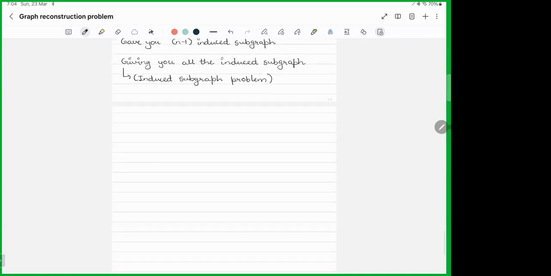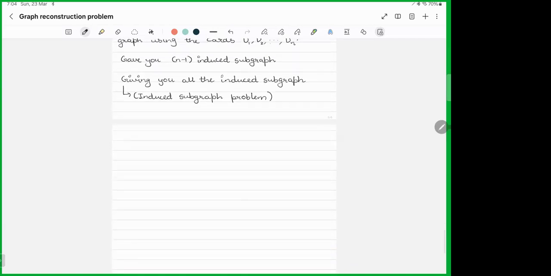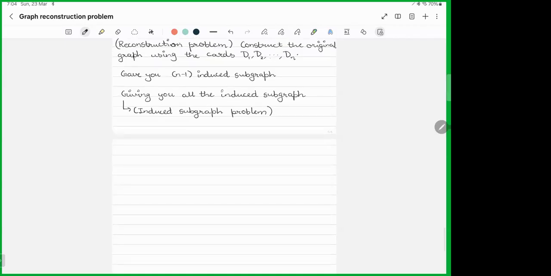Yeah, exactly. Okay, true. So what is the task that we want to do now? The task now is you have to find all the n minus 2 induced subgraphs, all the n minus 3 induced subgraphs, and similarly, I want to find every induced subgraph.